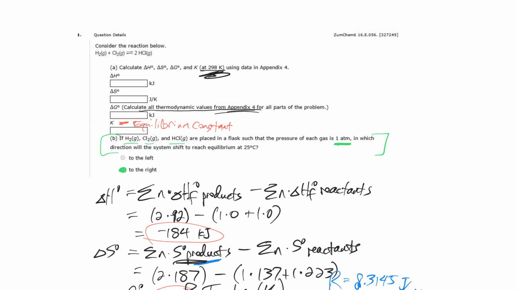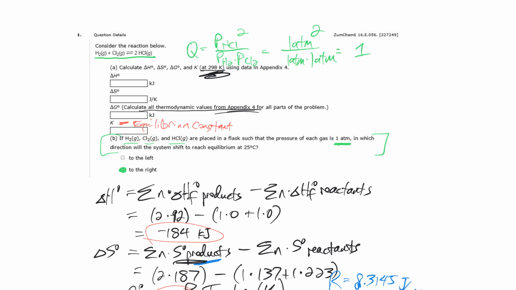But let's verify that. We have a nice equation. Let's write the reaction quotient Q. Don't forget to raise to the power of the coefficients. And if they're saying that the pressure for all of these is 1 atmosphere, that would be 1 squared over 1 times 1, that's 1.